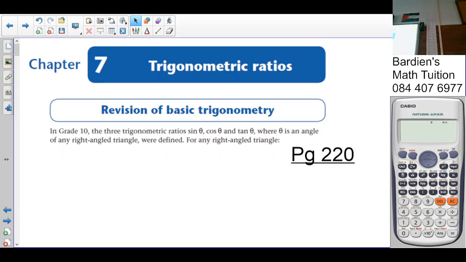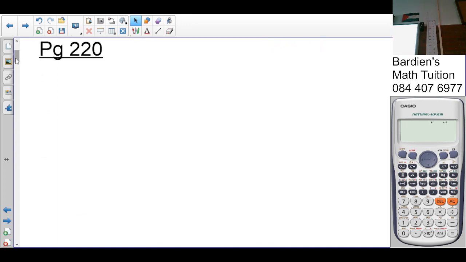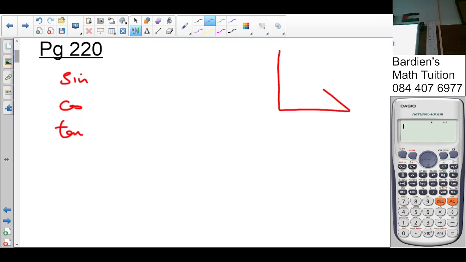So, what we did in grade 10 were many things, not so. We spoke about sine, cos, and tan. Firstly, it was done in a right angle triangle.